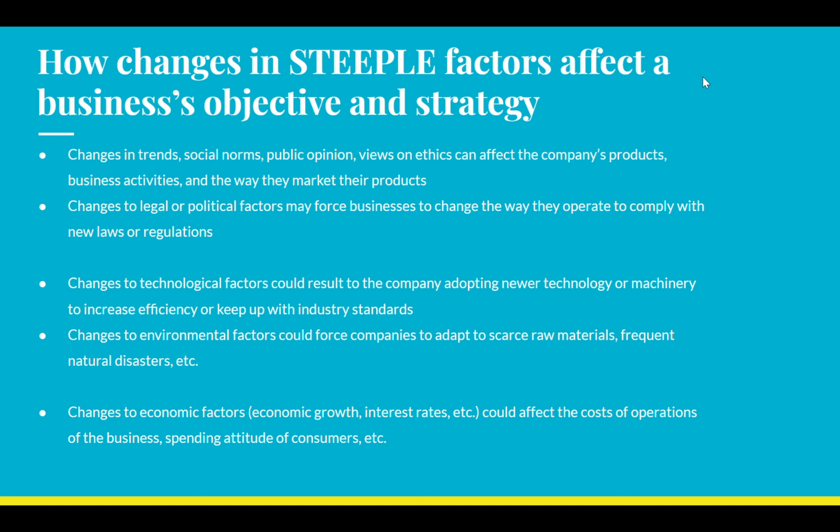So the changes to technological factors, they could result in the companies adopting newer technology or machinery to increase their efficiency or to keep up with the industry standards.